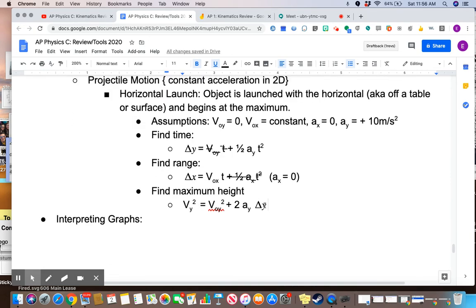Okay, and this delta y would be our delta y max, which would be our max height, which would basically just be delta y in this case.